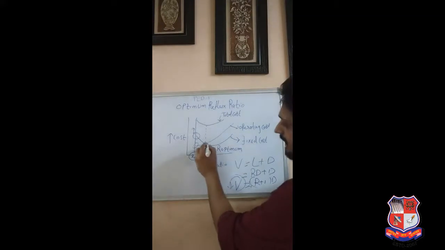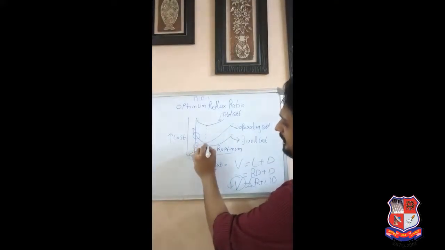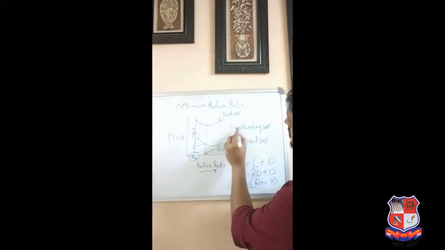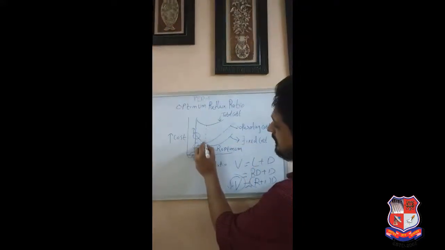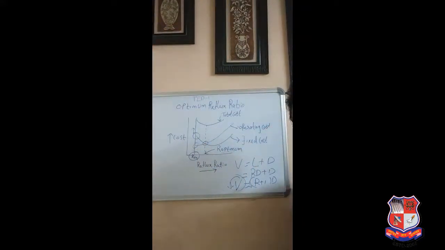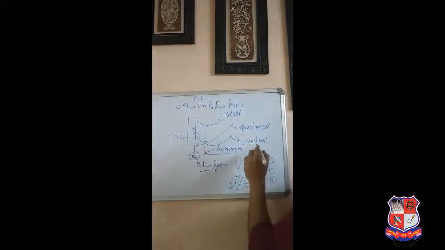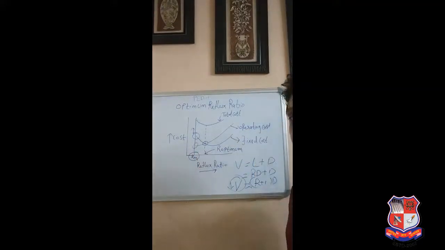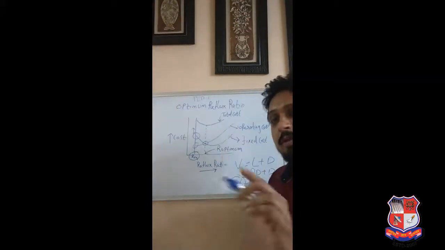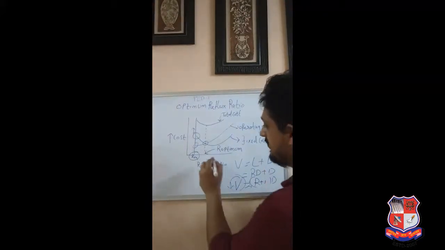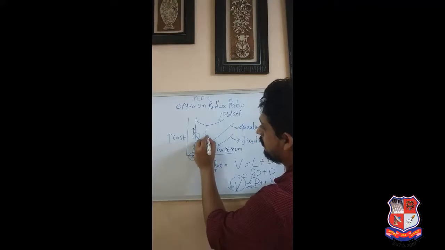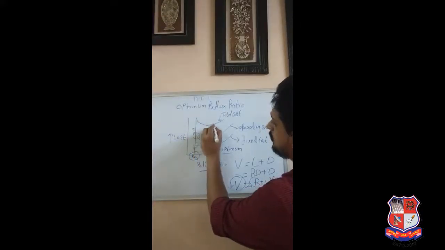So at the intersection point of operating cost and fixed cost, it is minimum at a certain point. This minimum at the intersection of fixed cost and operating cost is always at the optimum reflux ratio. Now if you go from this point, it will take you to your total cost.